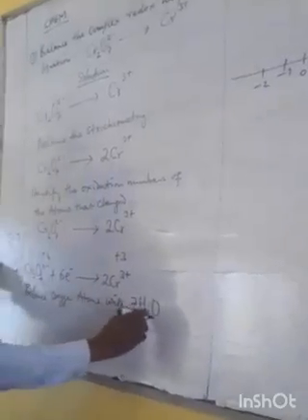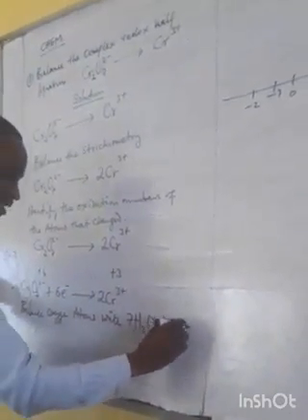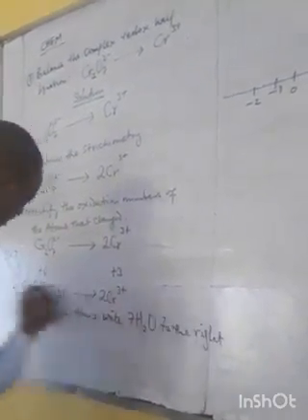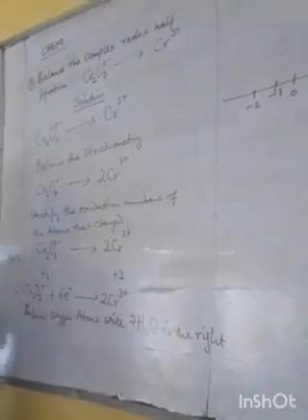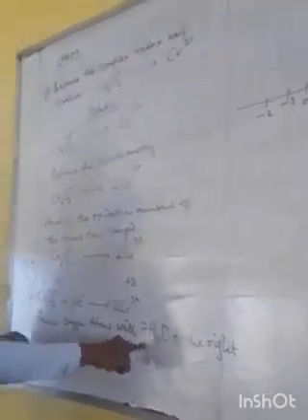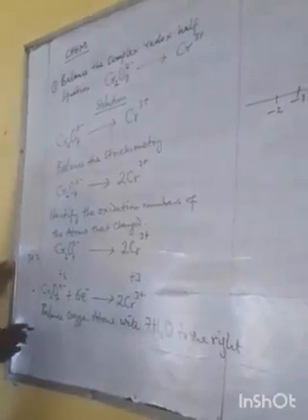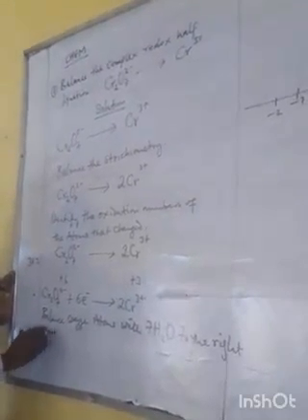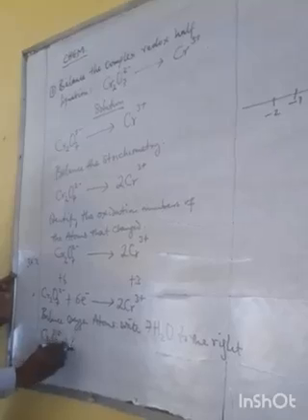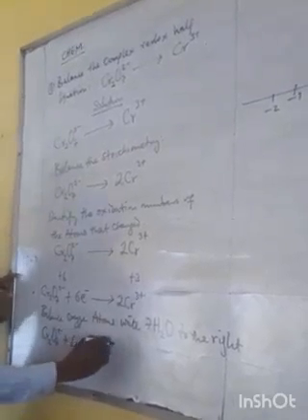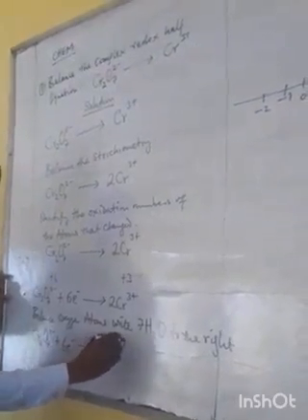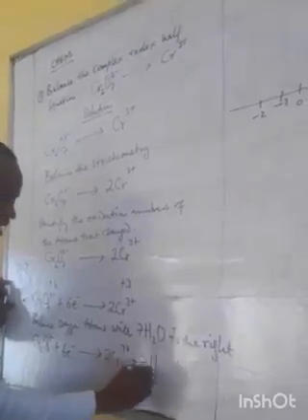Where do we write them? Oxygen is already at the left, so we put 7 water molecules at the right. So we write Cr2O7 2 minus plus 6e minus to afford 2Cr3 plus plus 7 water molecules.